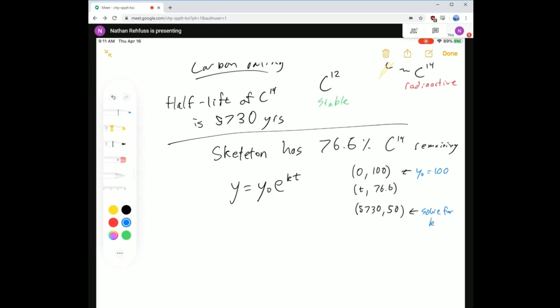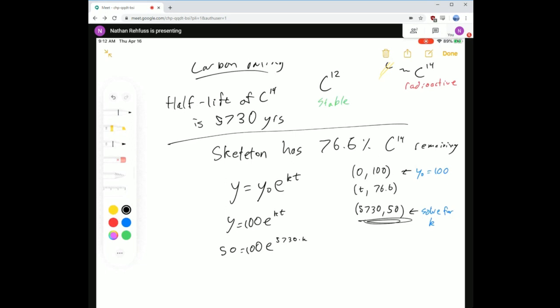And of course, I could also use graph transformations, but I want to show you both methods. So first I'll write y equals 100 e to the kt, and then I'll plug in this data point, and I'll write 50 equals 100 e to the 5730 times k.